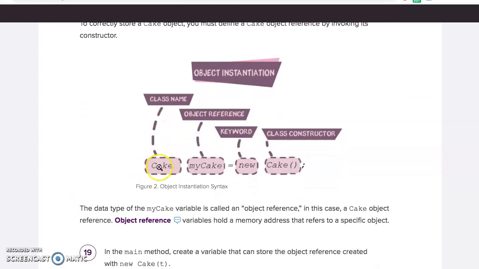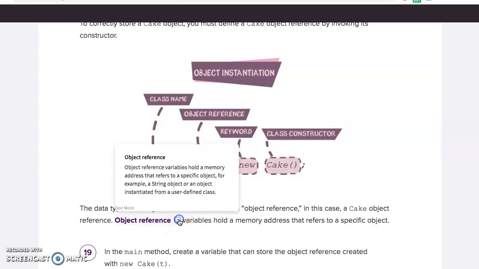So when you look down here, you're like, I will be making a Cake variable called myCake, and it will be the object. This is the new keyword that makes the object. It calls the constructor for a new Cake object, and it's going to be stored there. It's not a double, it's not an int. This myCake is called an object reference.